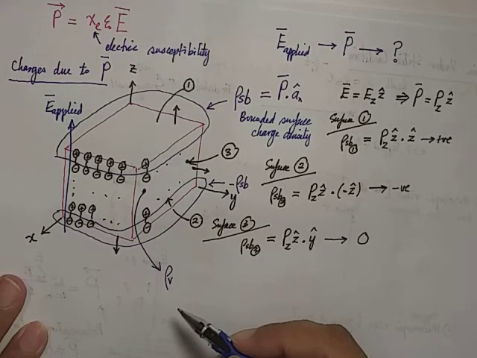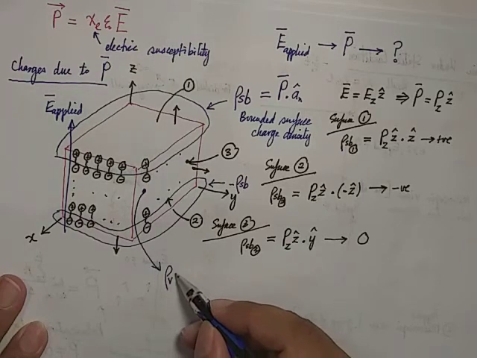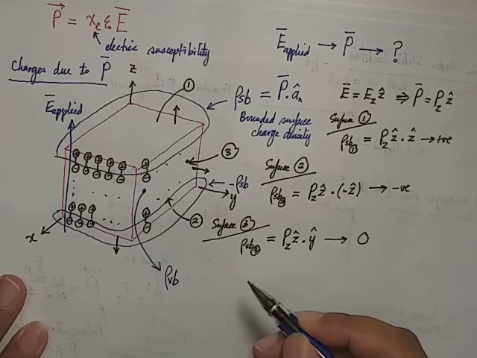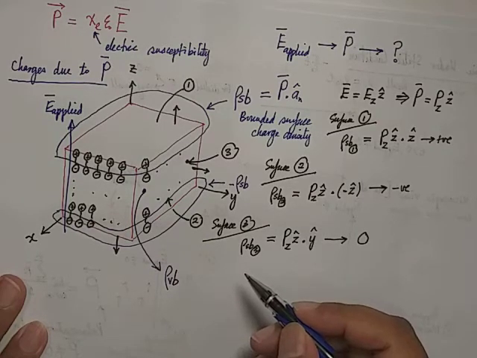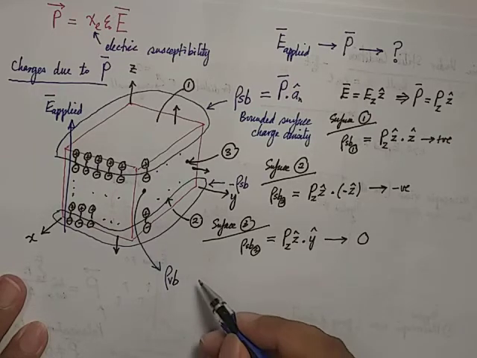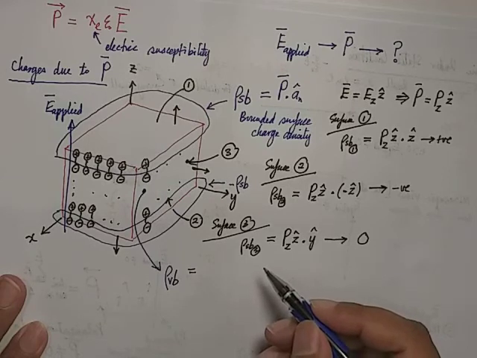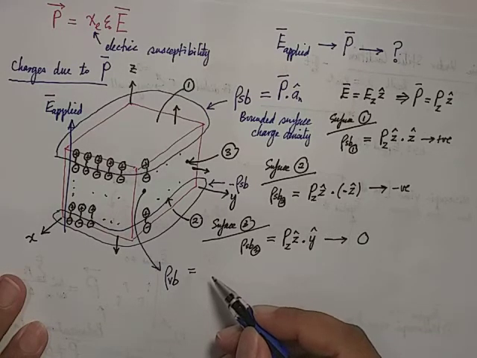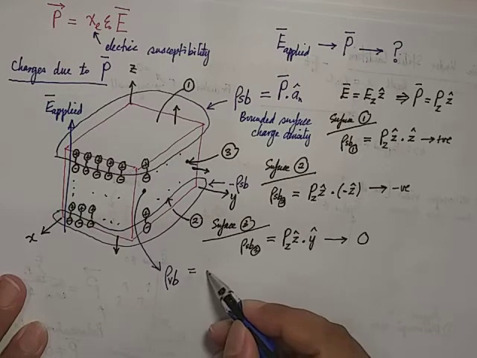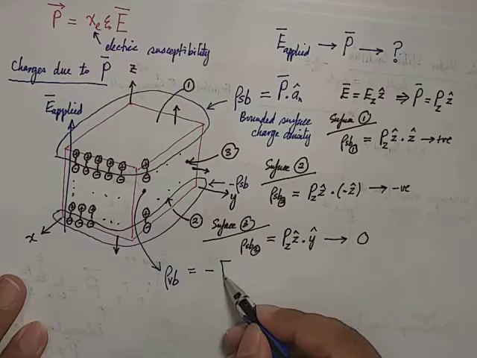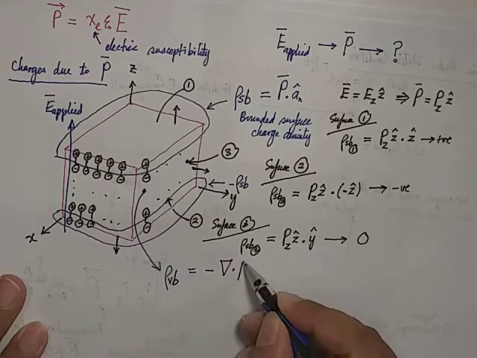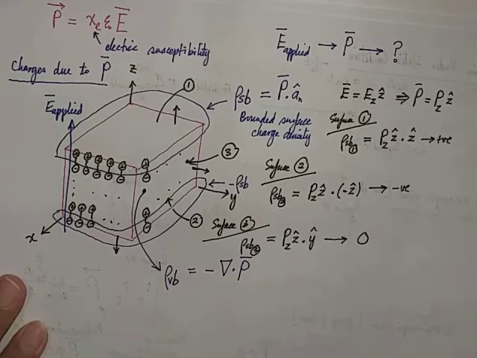They are bound to the atomic structure. So we're going to denote that as bound volume charge density, rho VB. And the way we calculate this particular volume charge density still depends on the polarization vector, but we're going to use the divergence model. So this should be the equation that we use to calculate the bound volume charge density.